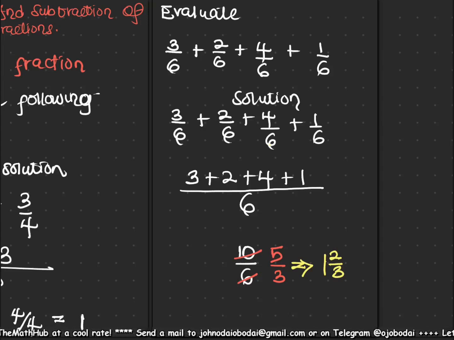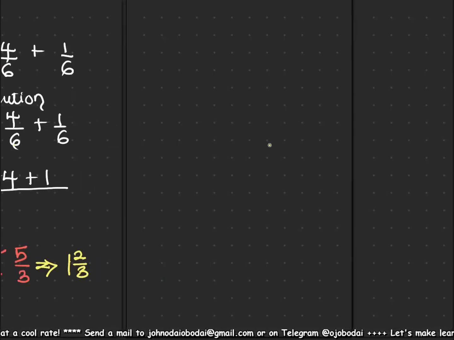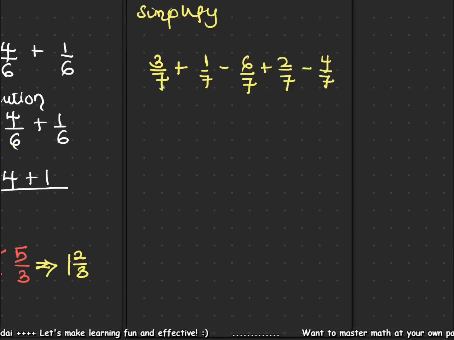Let's do one last operation on addition and subtraction of like fractions, and then we look at that which involves unlike fractions. So simplify the following. As you can see in this example, we have to simplify 3 over 7 plus 1 over 7 minus 6 over 7 plus 2 over 7 minus 4 over 7.